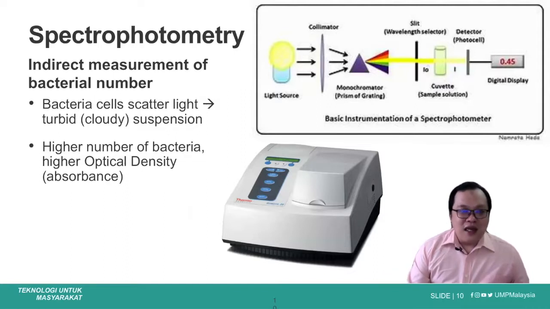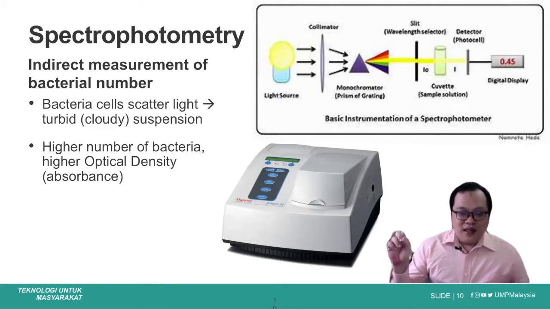A light source at a certain wavelength is going to pass through the cuvette containing the sample solution that we're going to measure, and depending on how much light is absorbed or scattered by the bacterial cells, it is shown on the digital display.